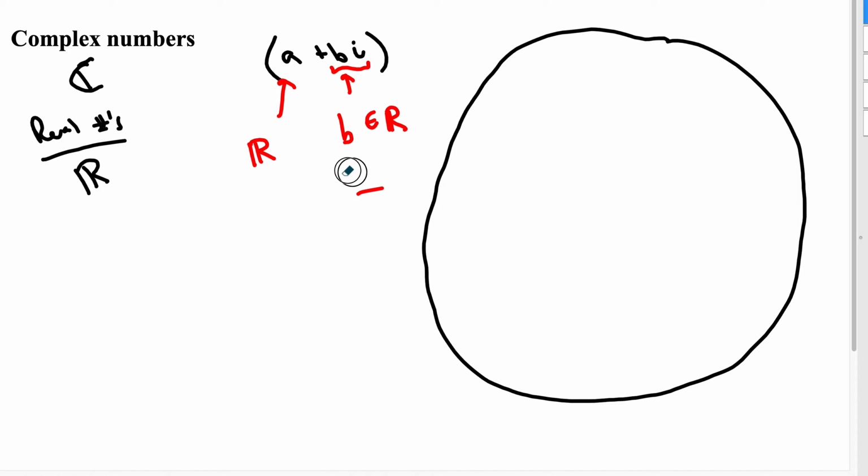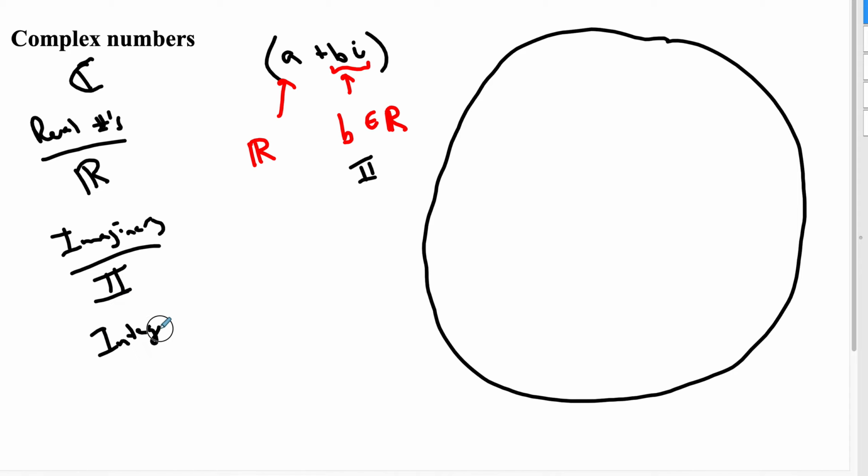I lied. Oh no, they are imaginary. No, I'm sorry, I didn't lie. Turns out imaginary numbers are denoted with this I with an extra bar. And then there are things like integers. The only reason I mention this is someone might do this to you: integers are denoted with a Z with an extra line.